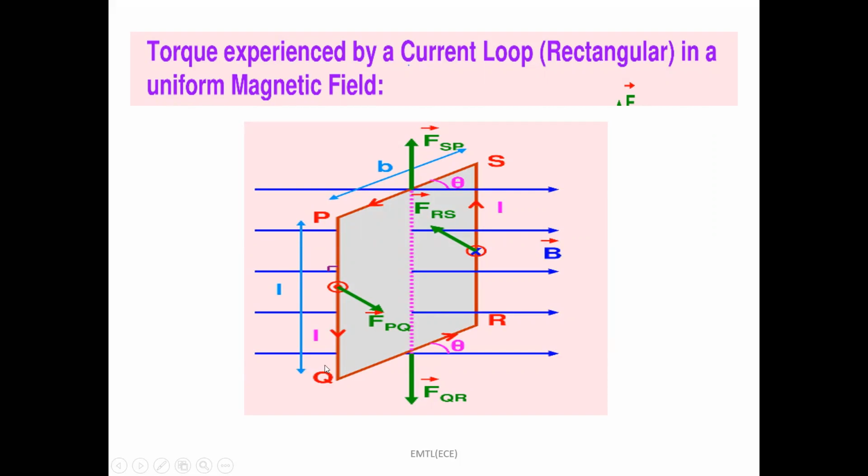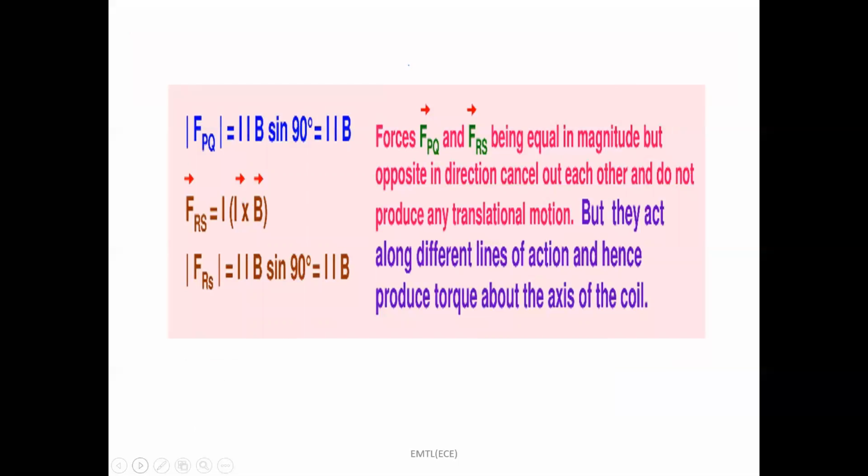The angle between the PQ side and the magnetic field is 90. So on the PQ side, there exists a maximum force, which is equal to ILB.